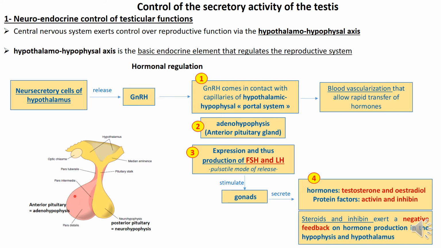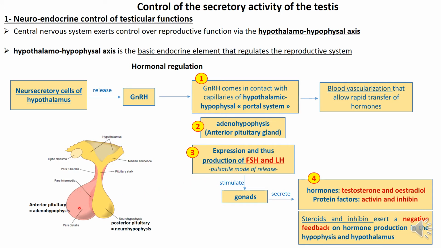Since the adenohypophysis has receptors for GnRH, it can produce FSH and LH under the action of GnRH. Production of FSH and LH by the anterior pituitary gland is pulsatile, which means it occurs at a regular, rhythmic pace. The production of GnRH is also pulsatile.